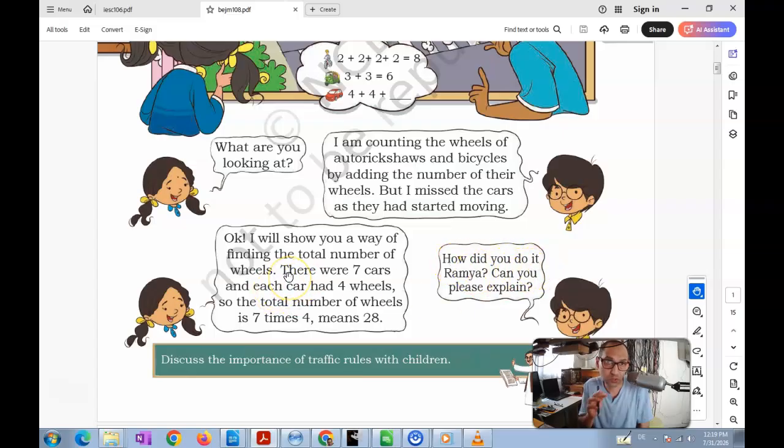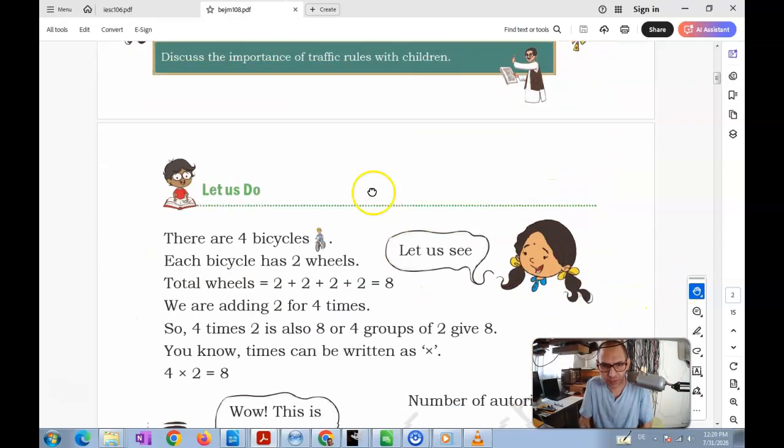She's saying the total number of wheels is, you can of course say 4 plus 4 plus 4 plus 4, 7 times, but an easier and faster way of doing the same thing is to say that it's 7 times 4 instead of 4 plus 4 plus 4, 7 times, right? And then he wants to know how she managed to do that.